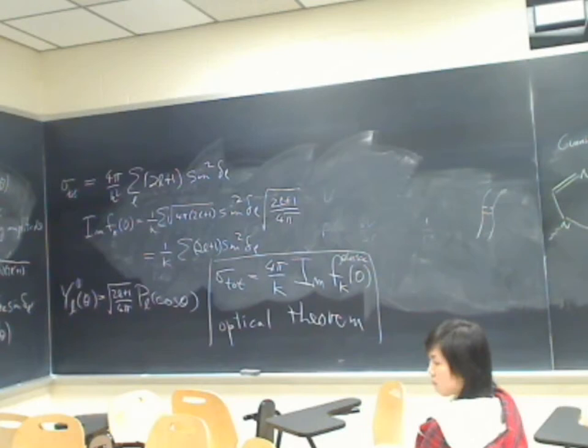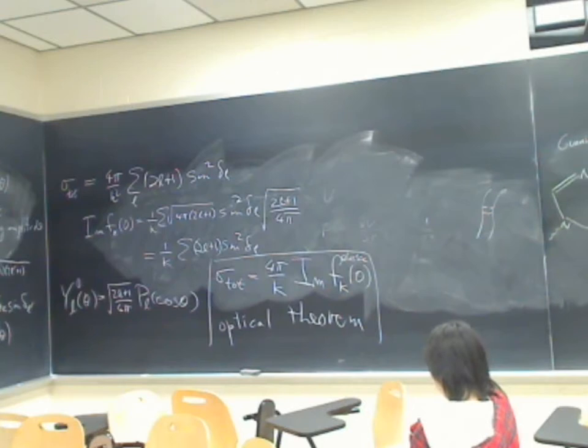This was done a lot in the 50s and the 60s. And then it gave rise to a whole industry called analytic S-matrix theory, where S just stood for scattering.